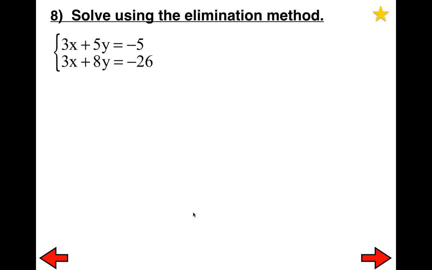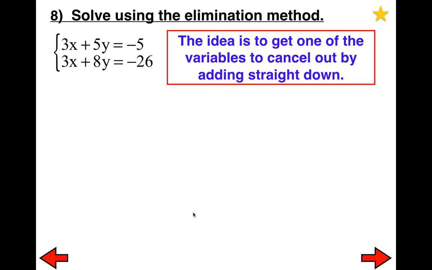Here, you're going to notice that in order to cancel out one of the variables, it's probably going to be a good idea to make one of the x's negative, because right now they're not going to cancel out as is. And just to reiterate again, notice right now the equations are nice because the x's line up, the y's line up, and so do the constants, including the equal sign.